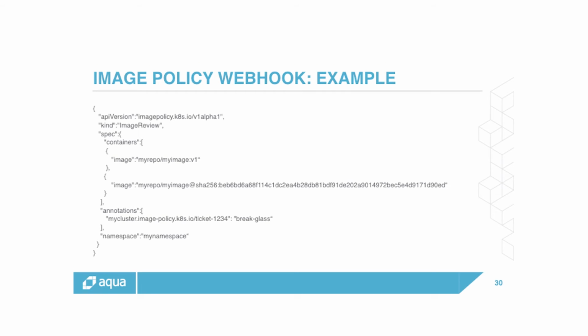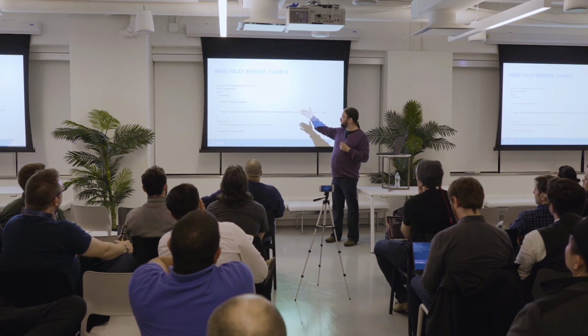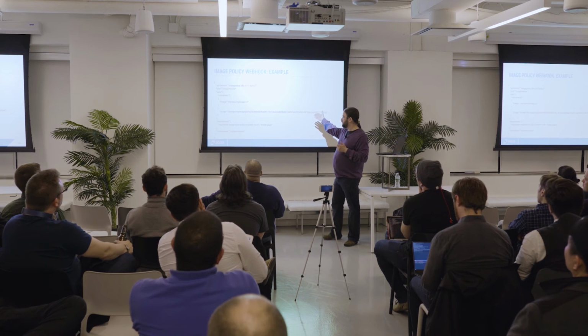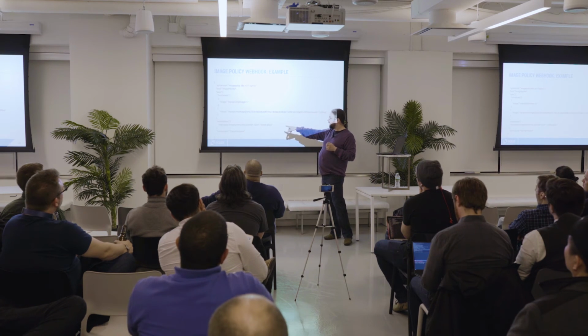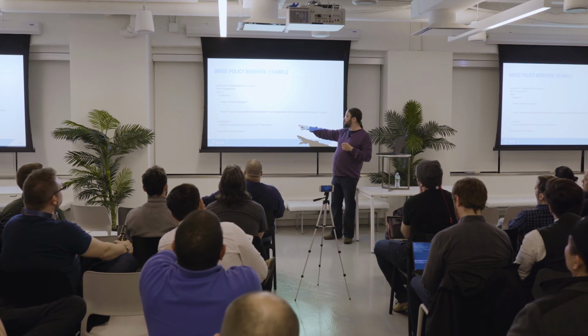This is an example of such a webhook object to be sent to the approver. It has a tag, the image name, the image digest, and the annotation. In this case, for example, the annotation says break glass.